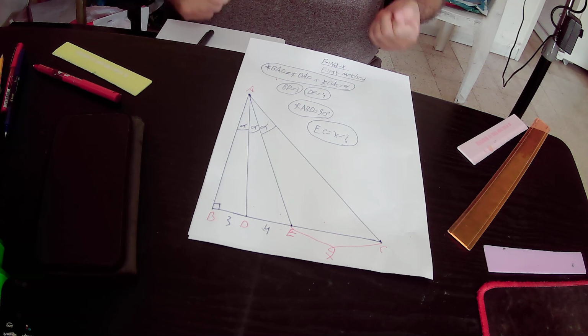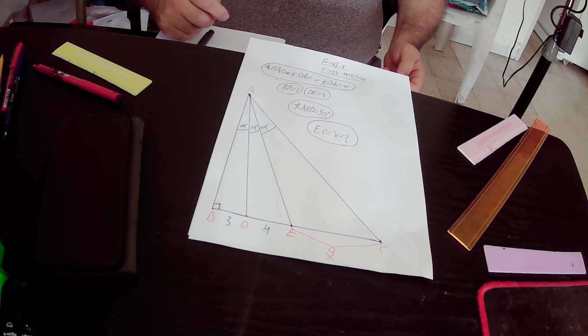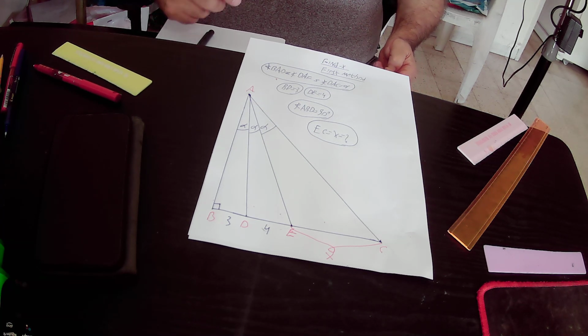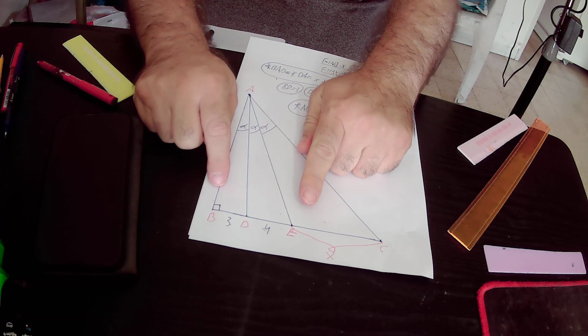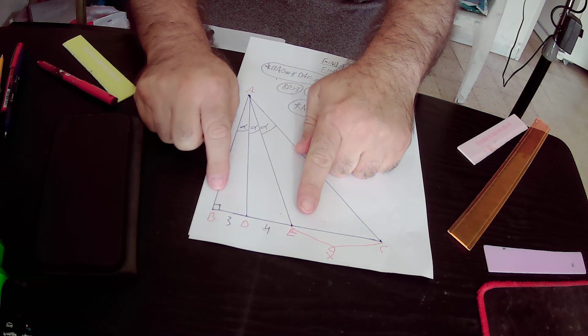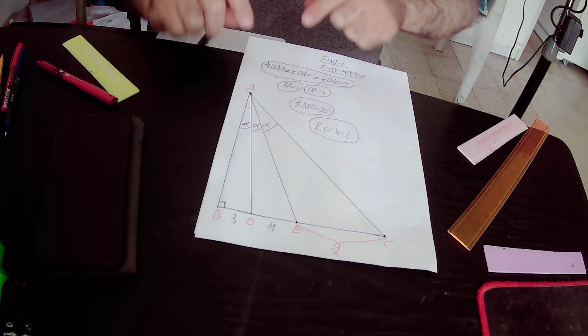And according to angle bisector theorem, angle bisector AD divides the side that it hits, that is to say BE, in a ratio of BD over DE.